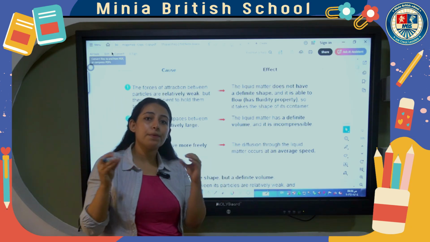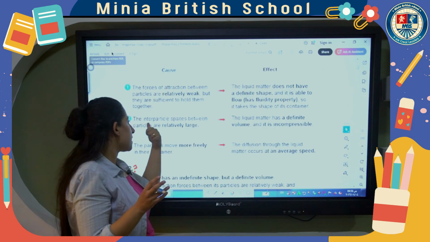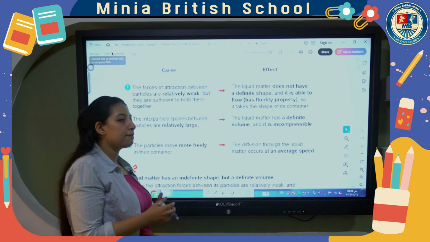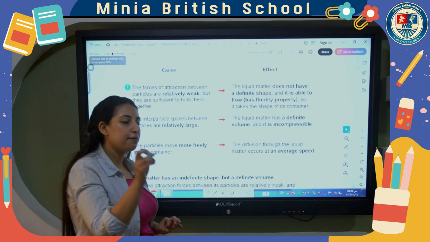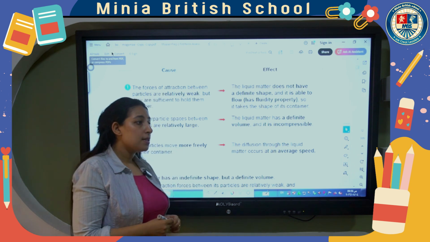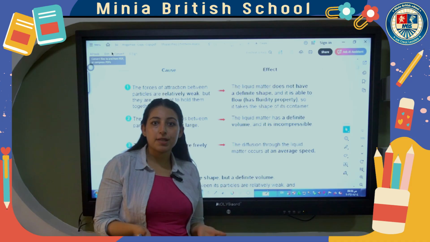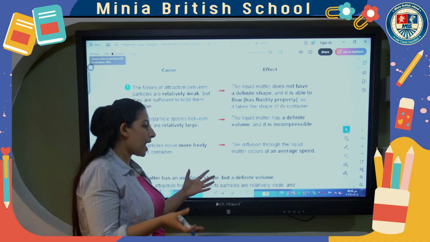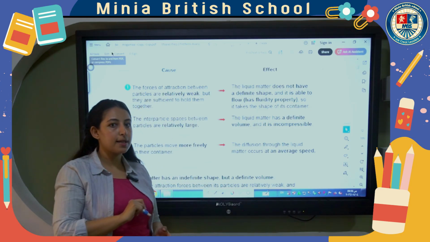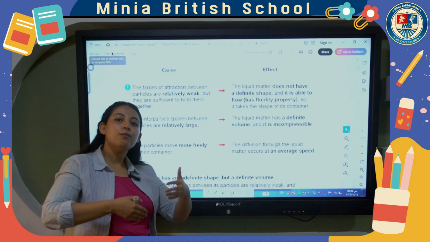Because of its interparticle spaces, which are relatively large. Okay. When I ask you about the diffusion of matters inside the liquids, which is average or moderate, it's related to the motion of particles because the particles of liquids move more freely.